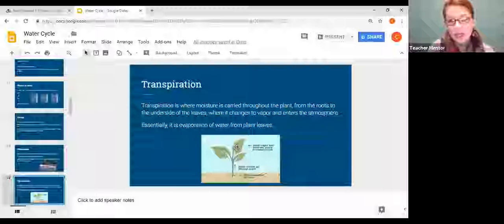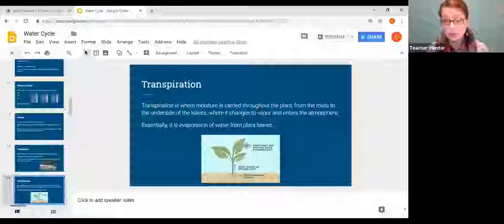Okay, it's going to remain a liquid when it's traveling through the plant, and once it gets released through the pores, it changes to a vapor and enters the atmosphere. Okay, it's essentially the evaporation of water from plant leaves.